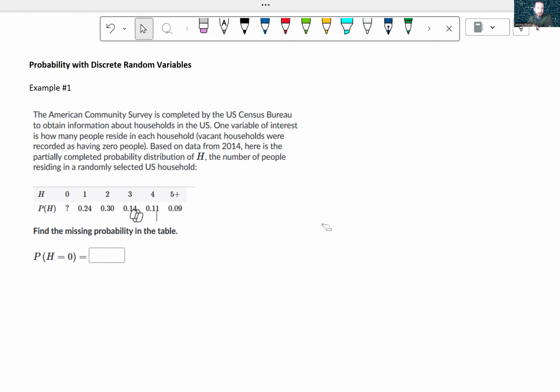But the very lowest would be 0, I suppose. But this is based on data from 2014, and it's a partially completed table. And so again, we would add all of these probabilities together. If we add all of those in the calculator, we get 0.88. And then we would use the complement rule.